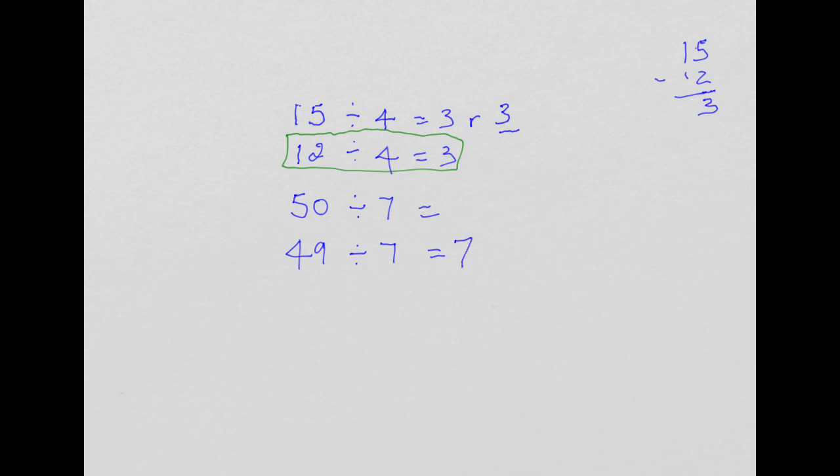So 50 divided by 7 equals 7, remainder something. And our remainder is 50 take away 49, which equals 1. So our remainder is 1.